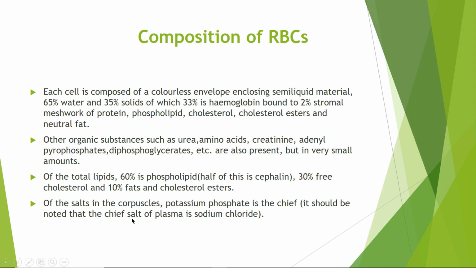Of the salts in the corpuscles, what is the important salt found inside the RBC? That is potassium phosphate. Whereas outside the RBCs, in our blood plasma, sodium chloride is highly abundant, inside the RBC potassium phosphate is highly abundant.